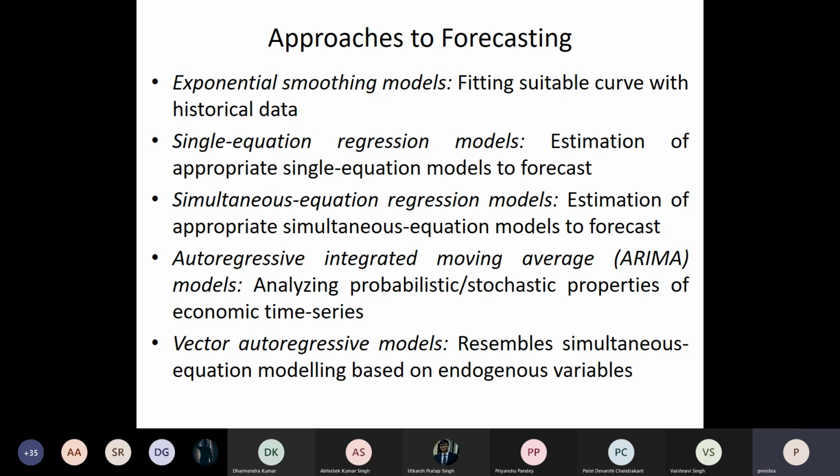There is extensive use of time series data in economics, be it farm level data, be it individual stock prices, be it macroeconomic data. We use time series techniques quite extensively in economics.